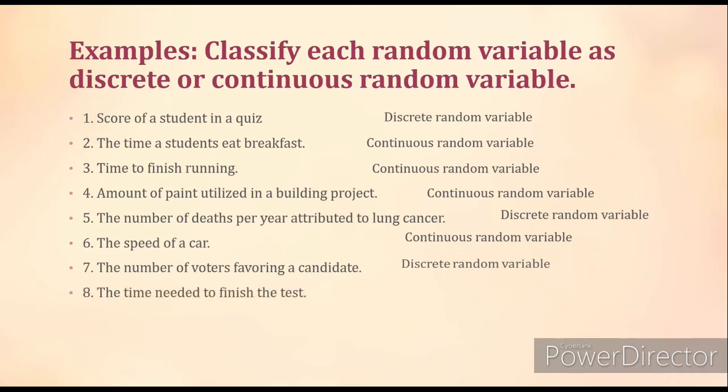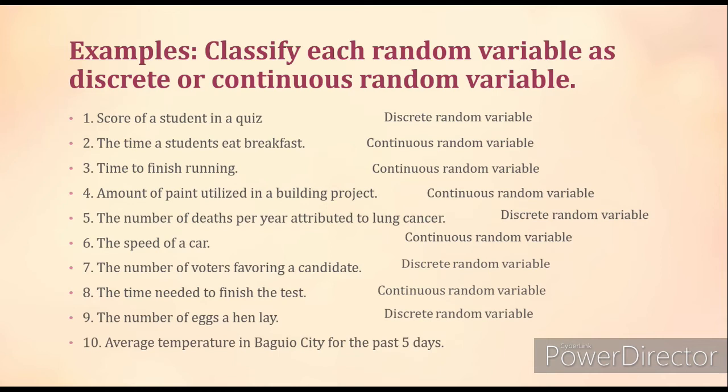Next, the time needed to finish the test. If your answer is continuous random variable, you got it right. Next, number 9, the number of eggs a hen lays. If you answered discrete random variable, then you are correct.